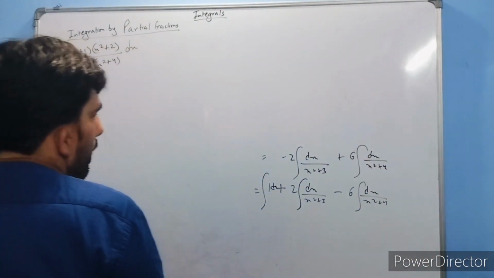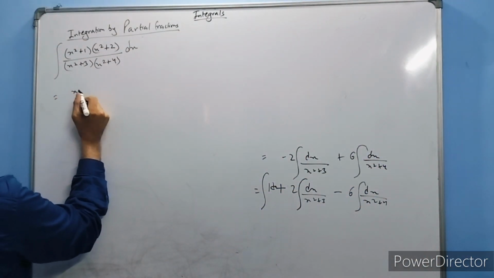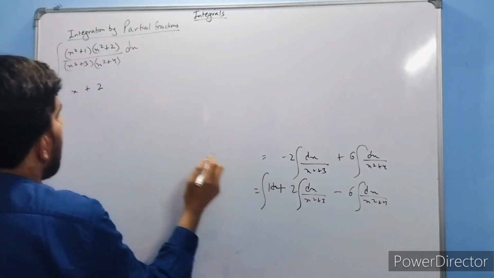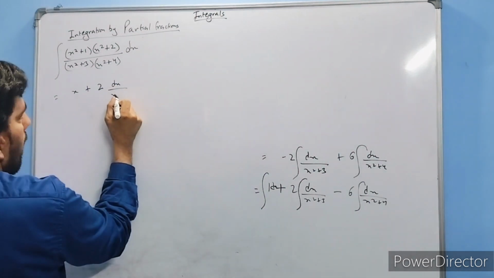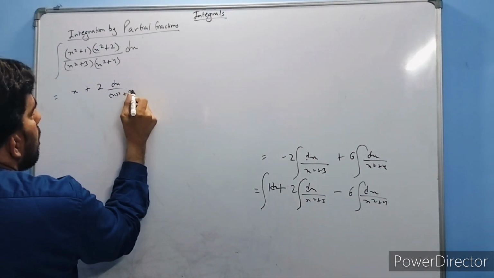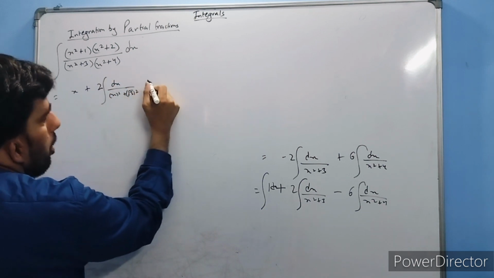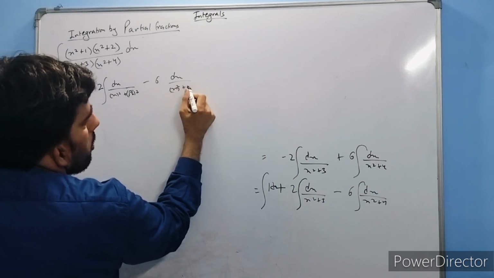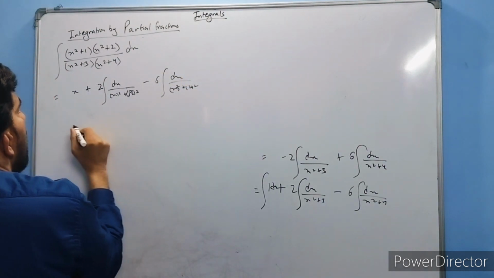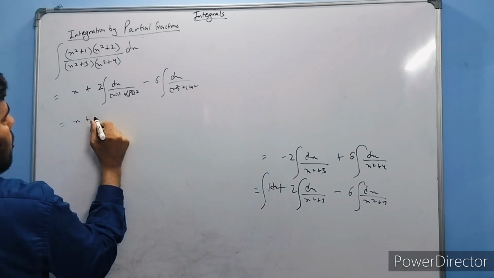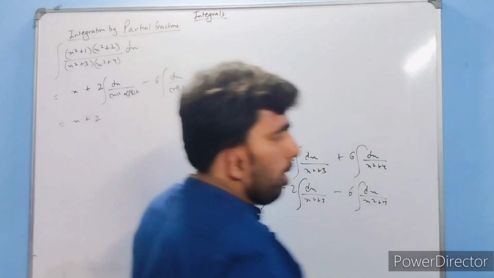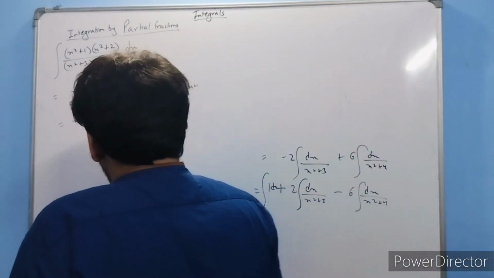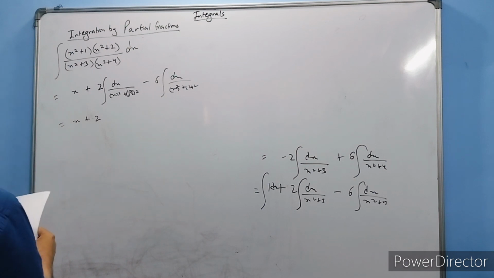So now I will take this step here. I will write x here, my plus 2 here. Now here we will apply the formula for that. We will write here dx upon x square plus root 3 whole square, minus 6 dx upon x square plus 2 whole square. We'll write the formula we have learned in the previous exercise, that is the integration of dx upon x square plus a square.